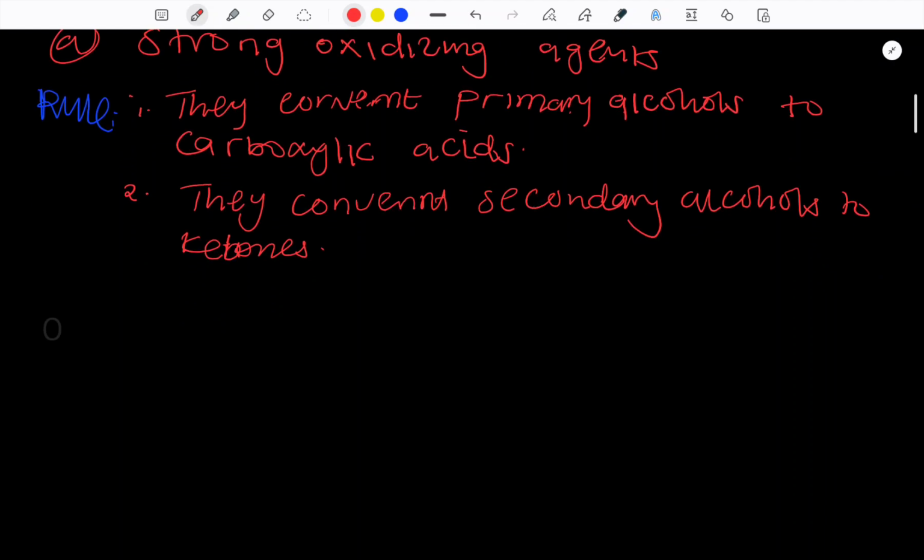The common strong oxidizing agents. Number one, we have chromium trioxide, also known as the Jones reagent.